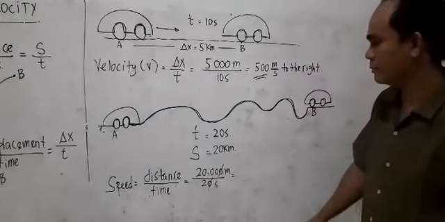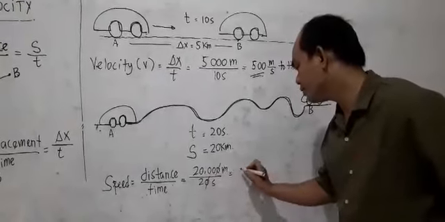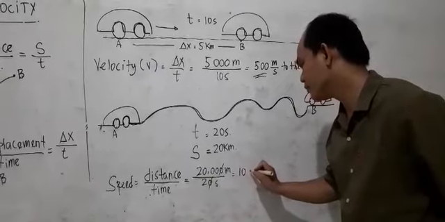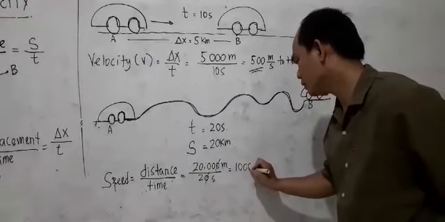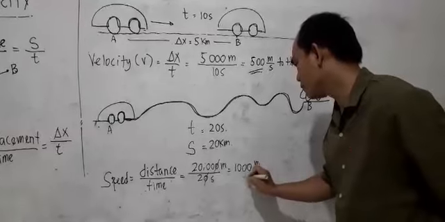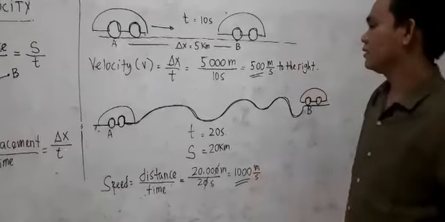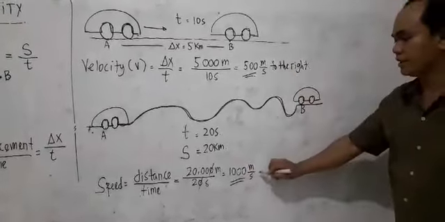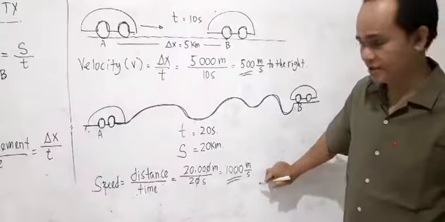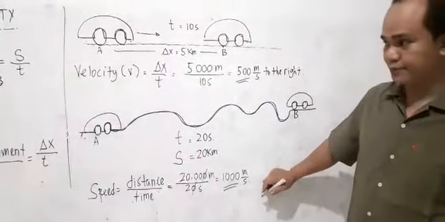Now it becomes 2,000 divided by 2, which is 1,000 meters per second. No direction, it has only magnitude, only value.